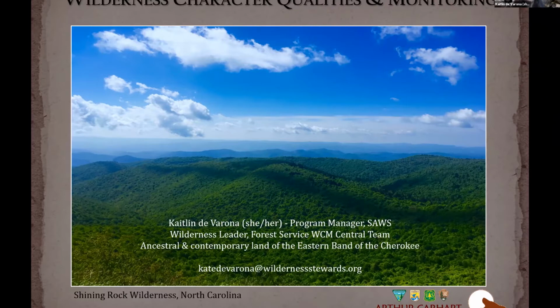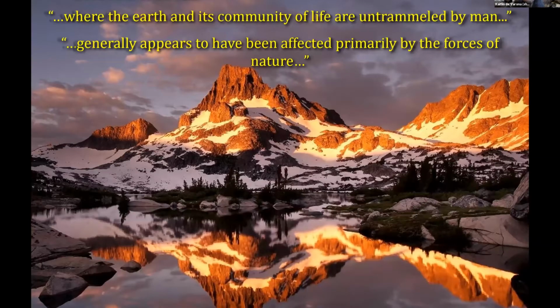So what I will talk a little bit more about are what are those 5 qualities of wilderness character that were identified there in the law that Julie pointed out, as well as talk really briefly about the wilderness character monitoring framework that many of us are working with now and implementing on our wildernesses and forests. All right, so we'll do the 5 qualities first.